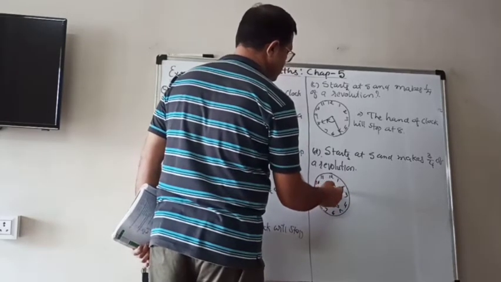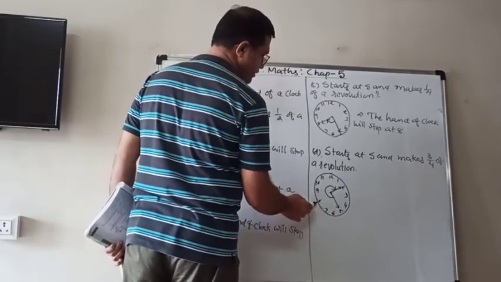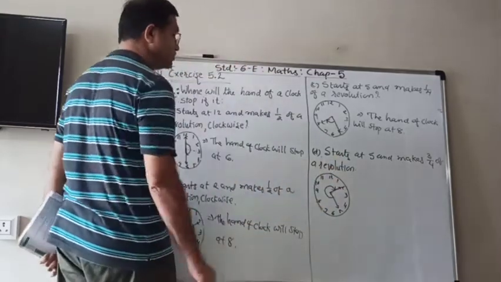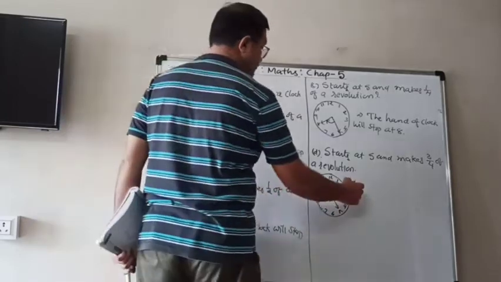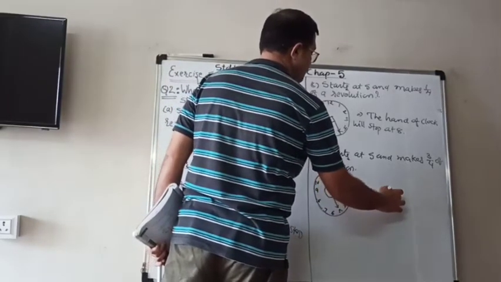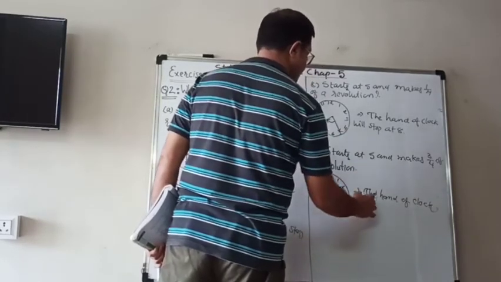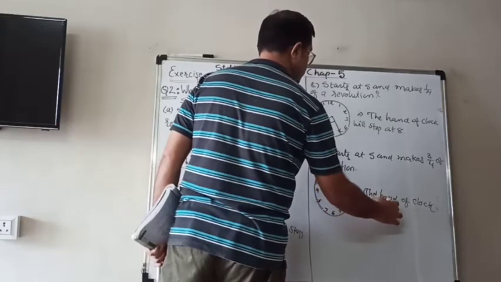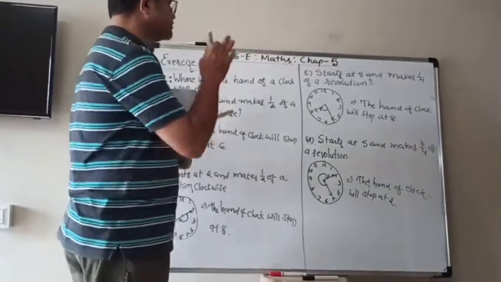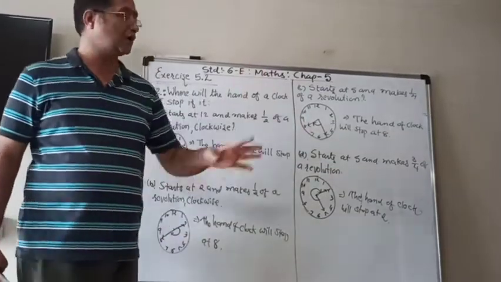That is your 3/4 because 1, 2, 3. One right angle, then two right angles, and then three right angles. So it will stop at point 2. Therefore, the hand of clock will stop at 2.